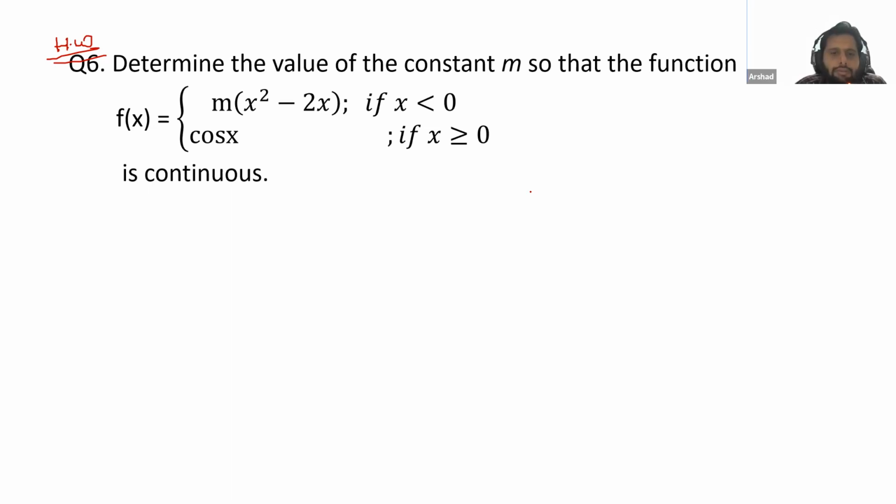Atif, Nabil. Atif and Nabil Khan, please confirm if it is done. Okay, Nabil, very good.